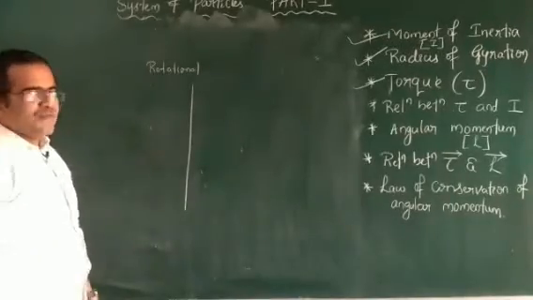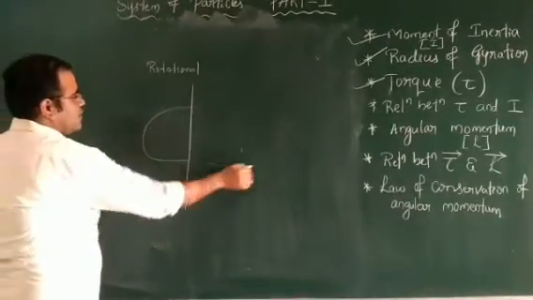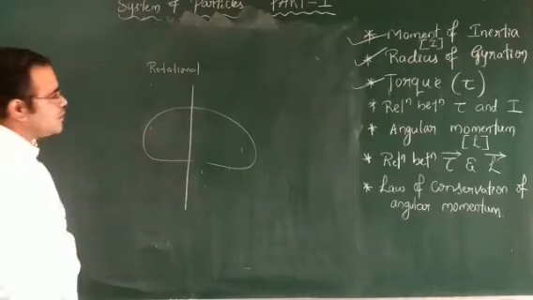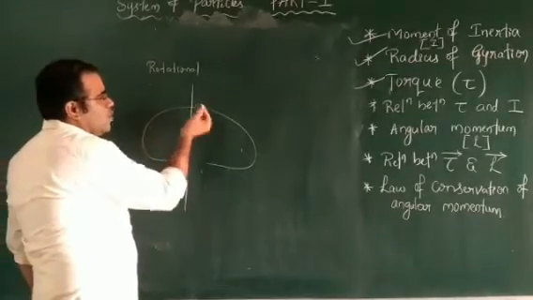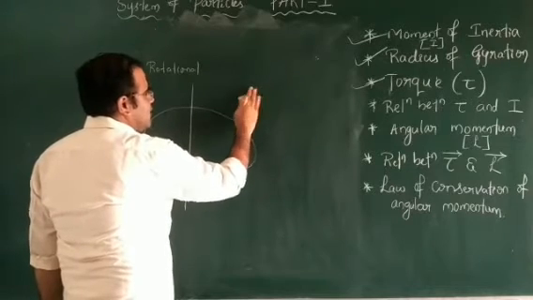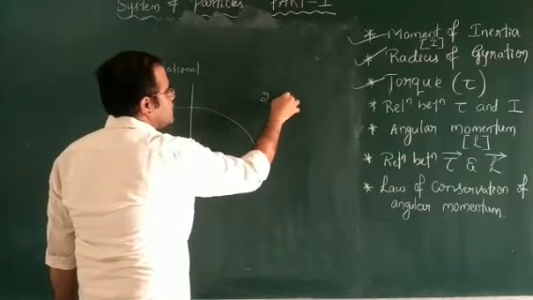Now, whenever we observe a rotational motion here, there we are going to observe an axis of rotation, and here we are going to consider a rigid body. So in order to define torque, let us see what the conditions are. When torque acts, there should be two opposite forces.